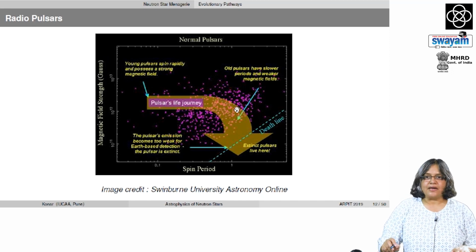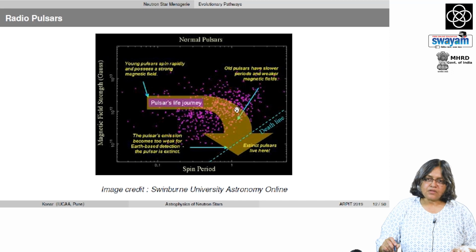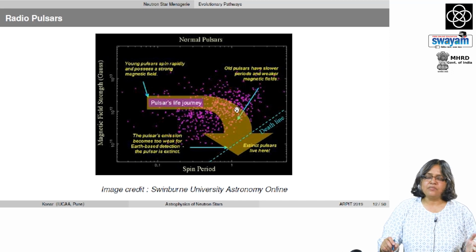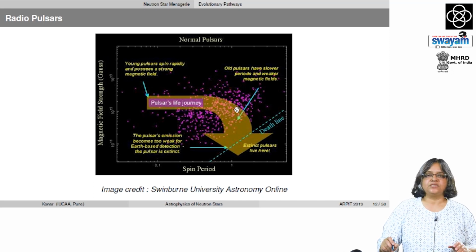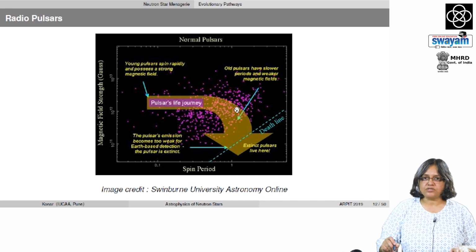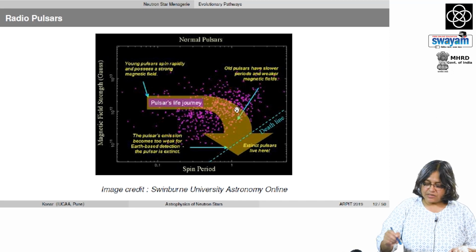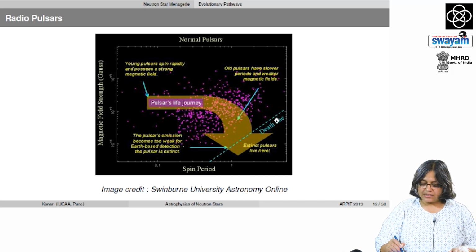So, we can actually estimate a combination for the spin period and the magnetic field beyond which the emission process would not function anymore, and that limit is known as the death line.